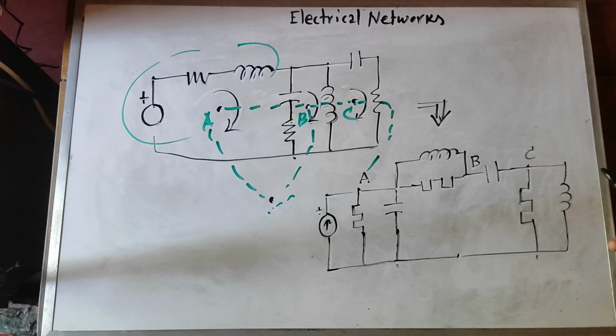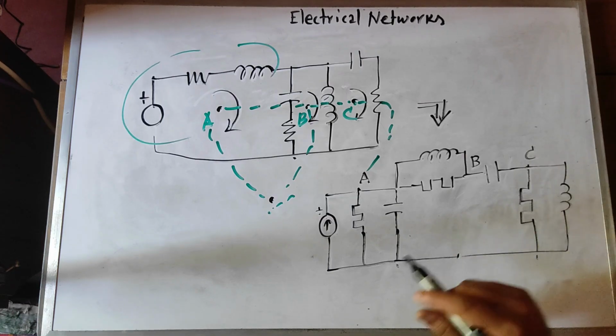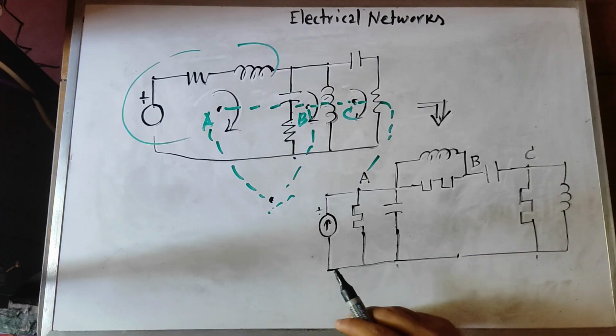Between C and the reference node there's G and L. So this is basically the dual network. I don't think I have made mistakes.